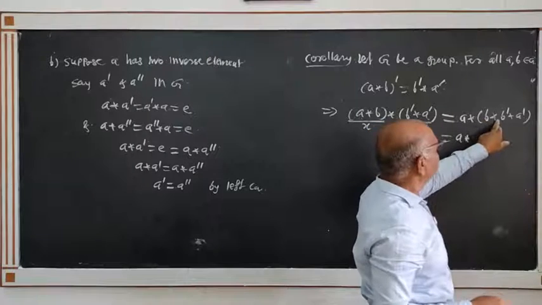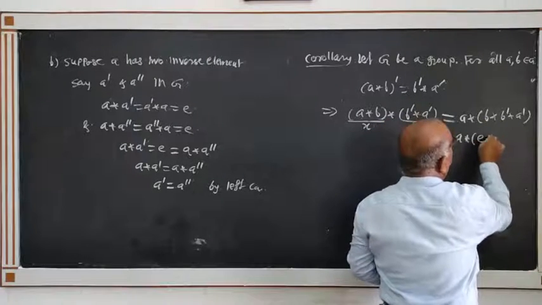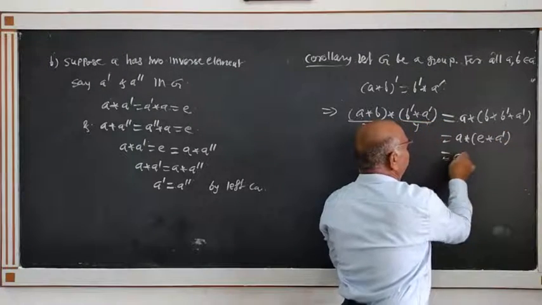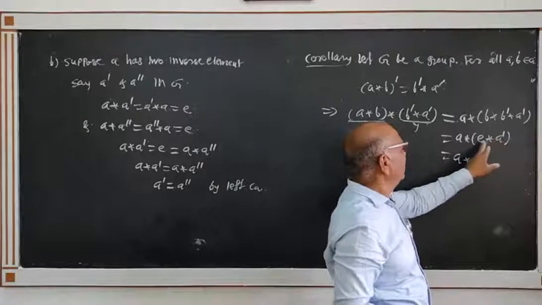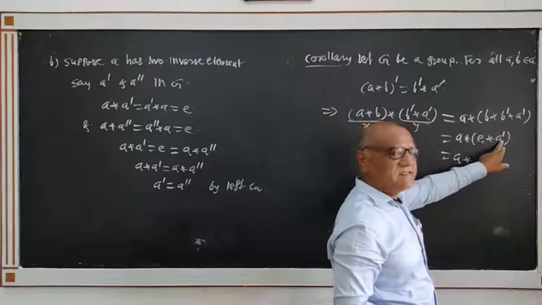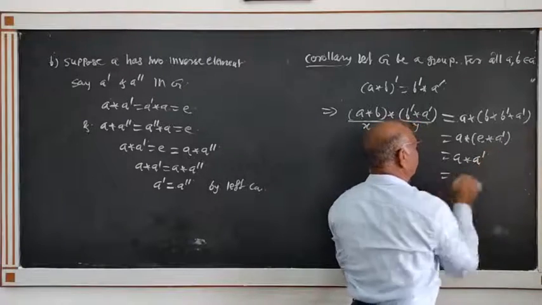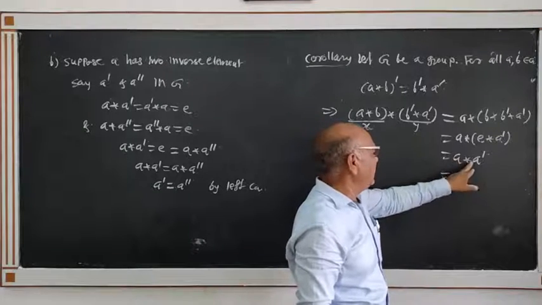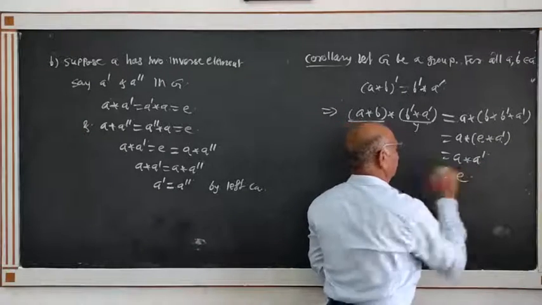Here b * b inverse is identity, so e * a inverse is a inverse. And here a * a inverse means again e.